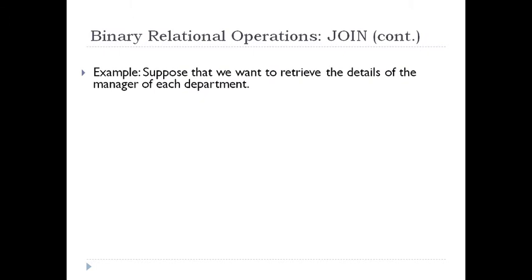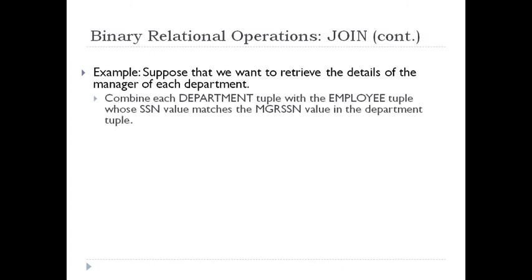Now we'll see an example. Suppose that we want to retrieve the details of the manager of each department. Now from where can we get the manager details? In department we have the manager SSN, but we don't have the manager's name. The manager is also an employee. So what we have to do is join employee and department, sorry, employee and department.